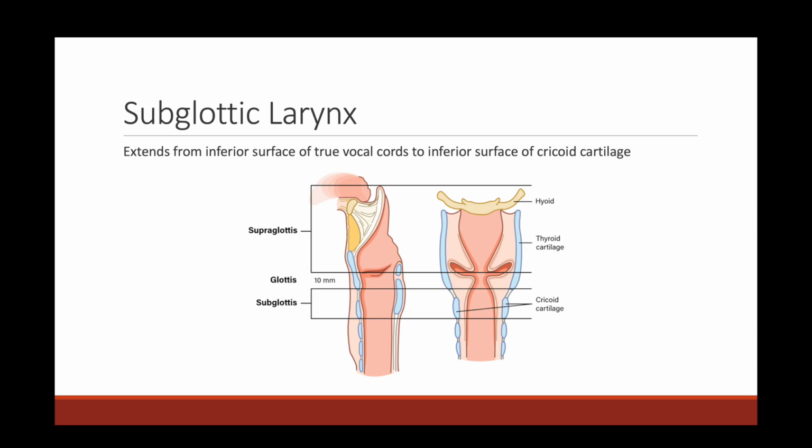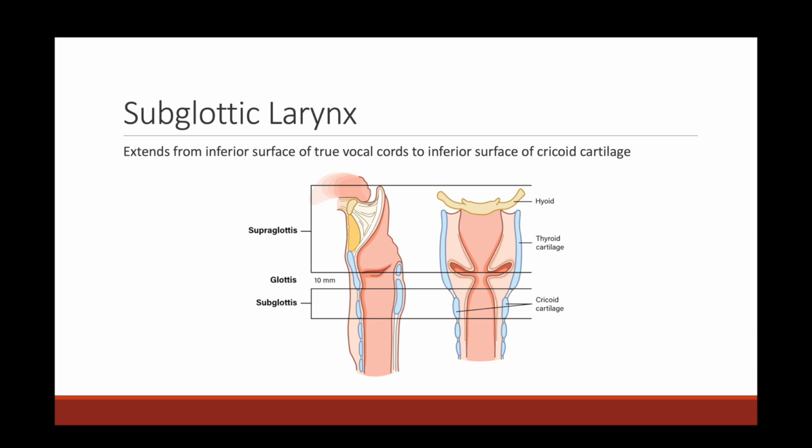And as we'll talk about a little bit later in this talk, it depends on which sites the cancer is involving. For example, if it's involving the subglottic larynx, there are some special considerations in terms of which specific lymph nodes the cancer could drain to. The subglottic larynx is one of the unique sites that drains to what are known as the level 6 lymph nodes.